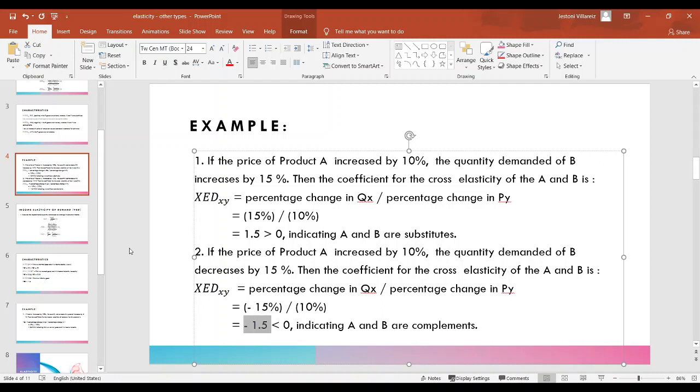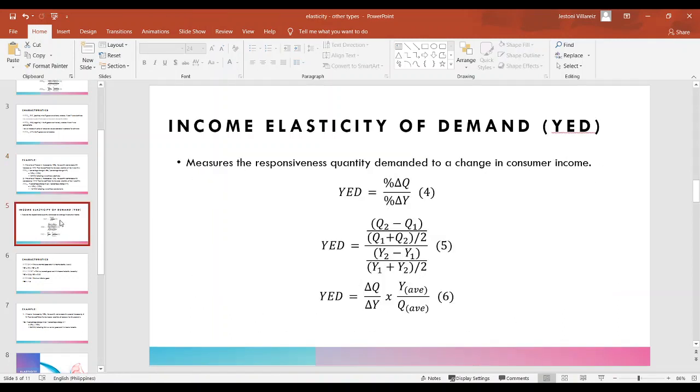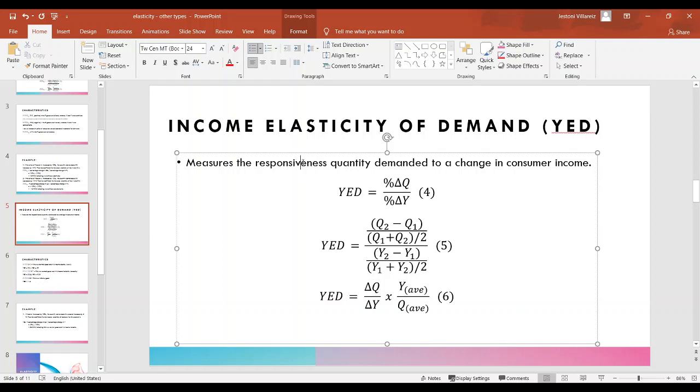Okay, so that's the difference. Now next is income elasticity. So the same concept, the only difference is we are basing it on the change in consumer income. As you see, ang nalahi lang ang letter Y. So Y represents income.